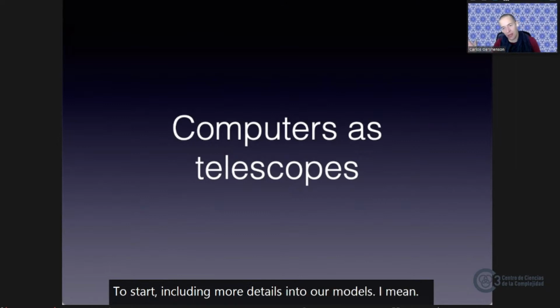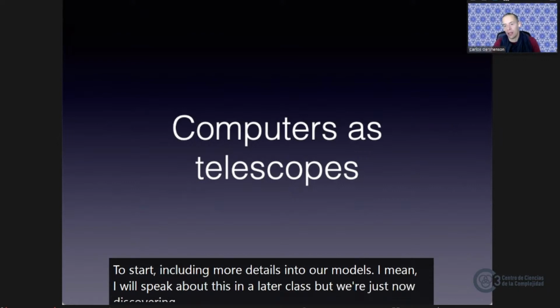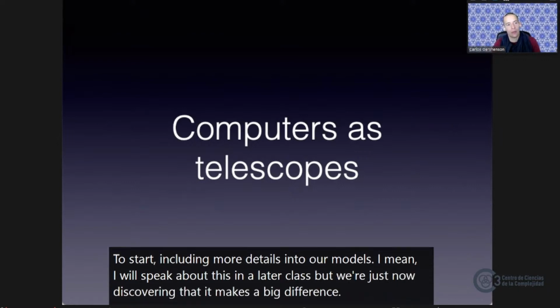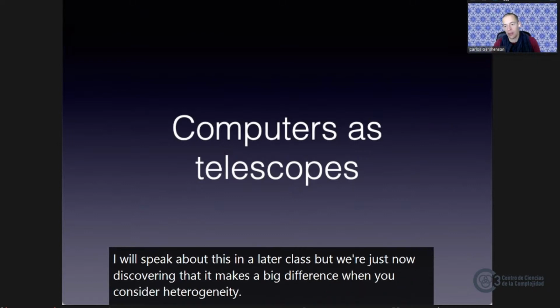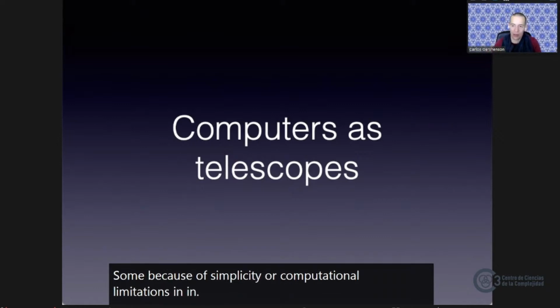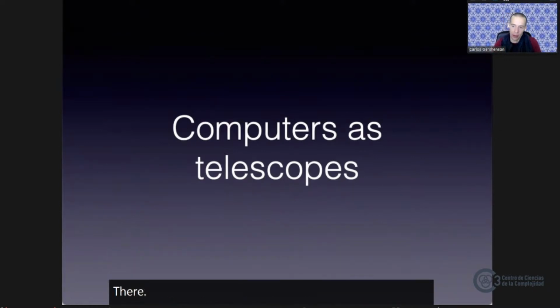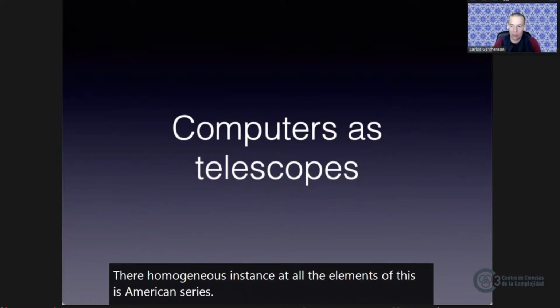I mean, I will speak about this in a later class, but we're just now discovering that it makes a big difference when you consider heterogeneity in your models. Because of simplicity or computational limitations in computers until recently, or even now, many computer models are homogeneous in the sense that all the elements of the system are considered to be the same.